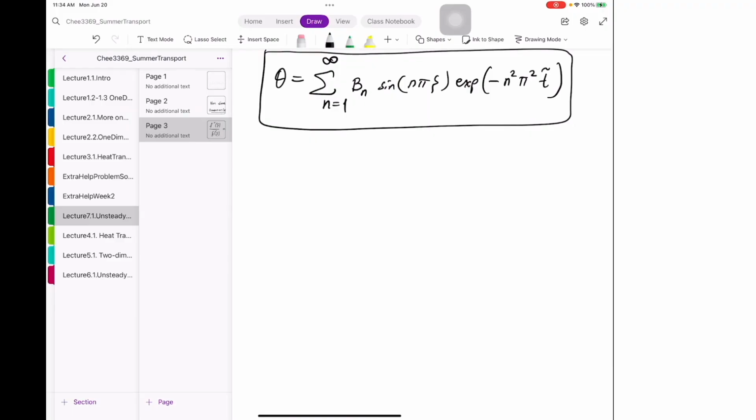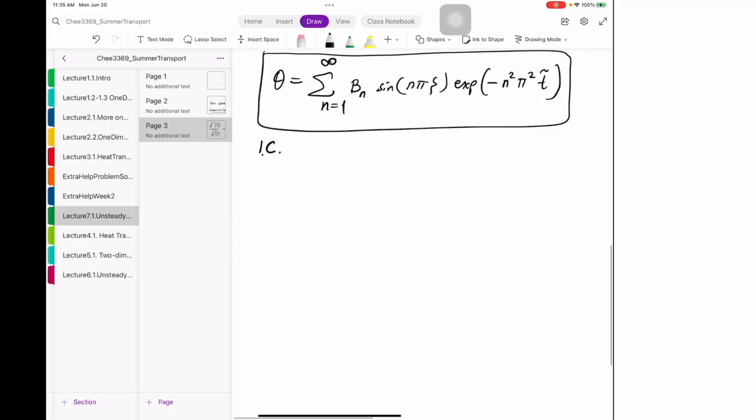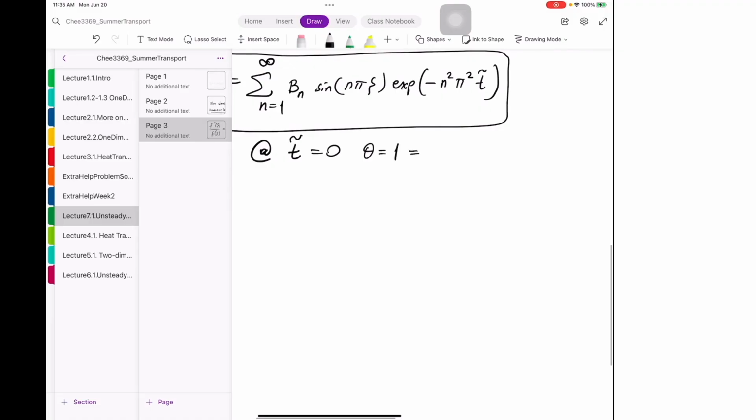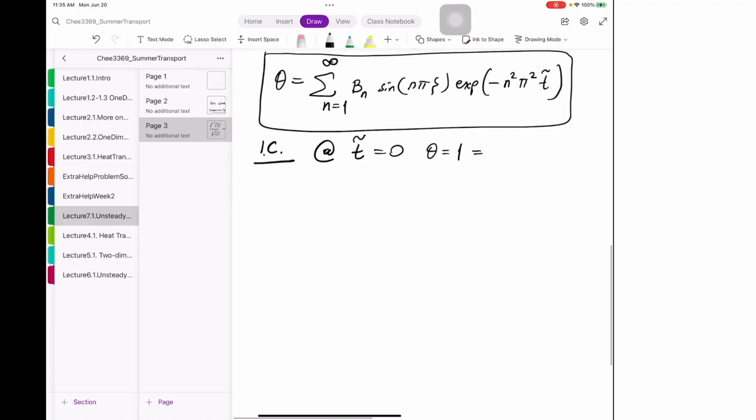Now I need to use one more condition that I have not used before, to be able to solve for Bn. I used boundary conditions 1 and 2, but I didn't use the initial condition. So let's use the initial condition to solve for the Bn's. At t tilde equal to 0, theta is equal to 1. What does this become for theta equal to 1?